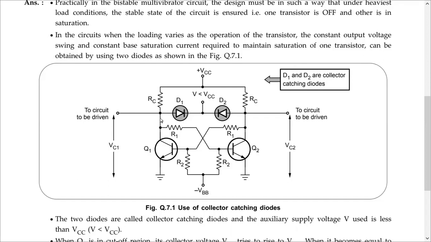Is it VCC or is it V? Please think and answer. The voltage we are supplying at this point is V, and at this point it is VCC. So the voltage here will be what? V, sir. V. Okay, right.